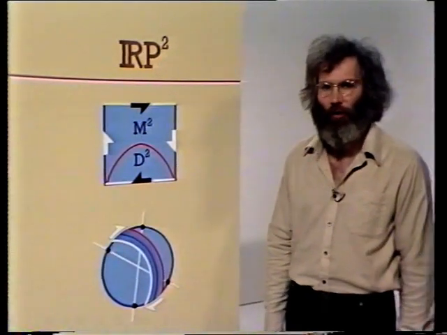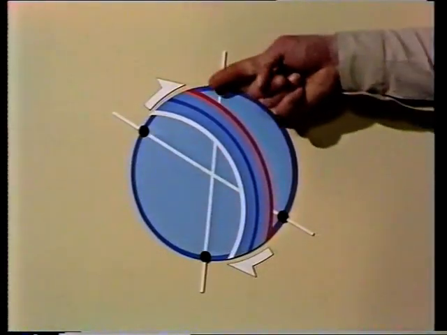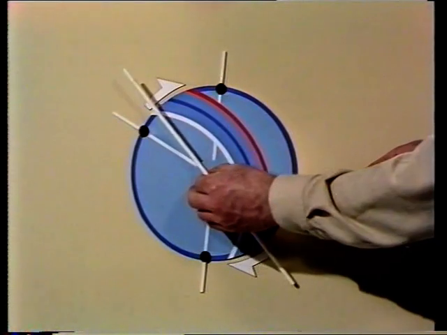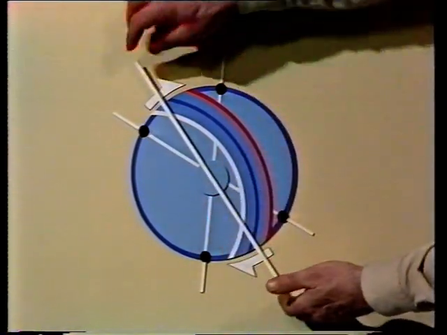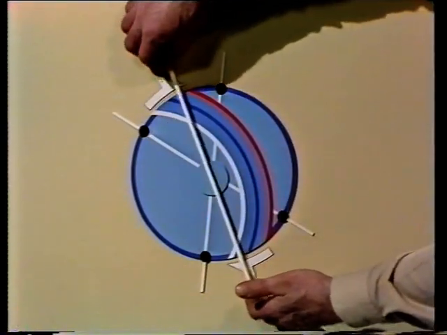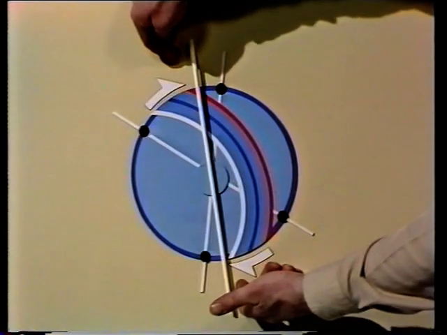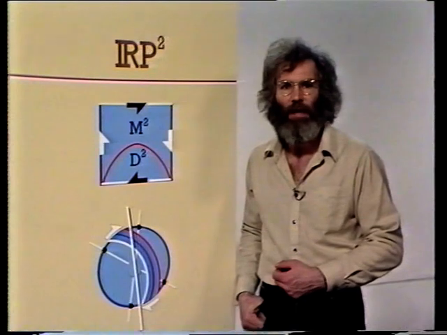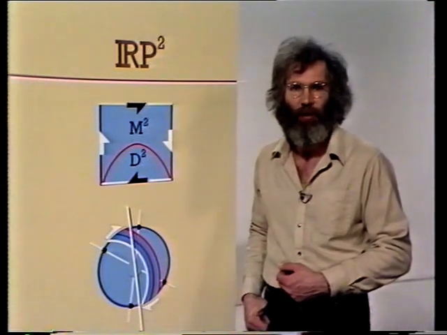Here's what it looks like on the flat representation. The band looks rather like this, and the identification of opposite points gives these identifications of the Möbius band. So any projective line is the center line of a Möbius band.